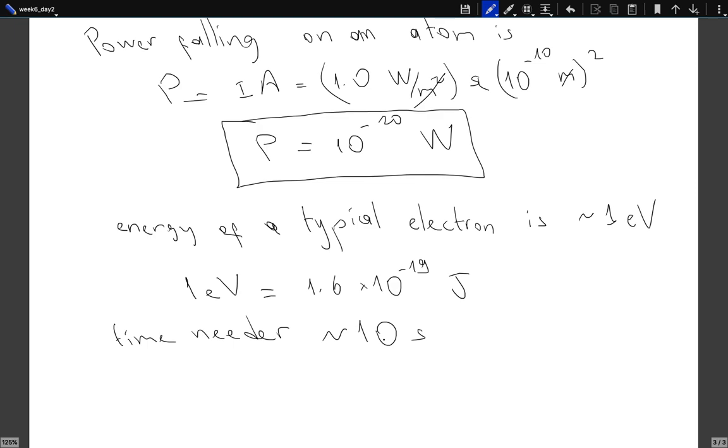So basically, this approximation tells us that we need 10 seconds for the electrons to start being released by the metal. But it just doesn't happen. The moment that you have the light, you start seeing these photoelectrons.